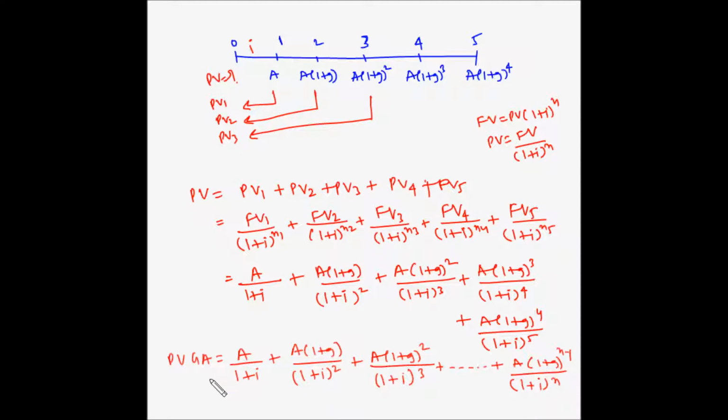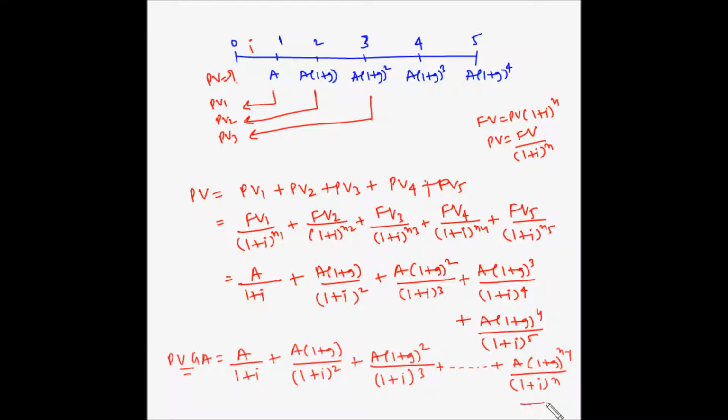So this is the generic formula for finding out the present value of a growing annuity. However, this can become very tedious if n is like 20, 30 years and so on. So let's try to simplify this formula.